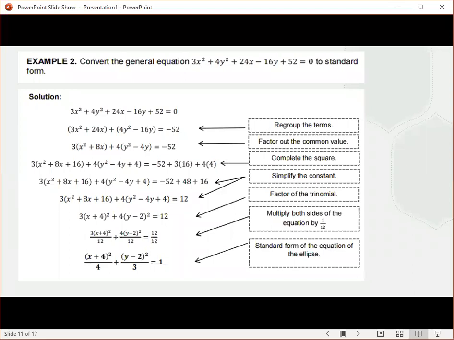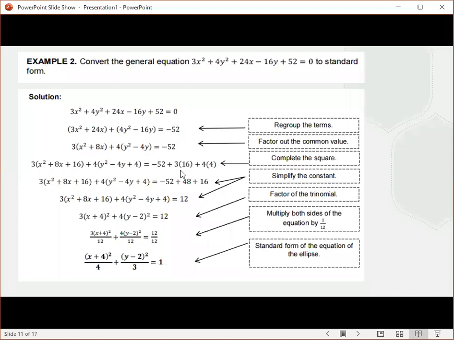After factoring, we have to complete the square. We need to make sure that we add something to our groups to make each a perfect square trinomial. As you can see here, we added 16 on the x group, and on the y group, we added 4 to make it a perfect square trinomial. Since we added 16 and that is multiplied by the factor 3, you have to add it also on the right-hand side of the equation.